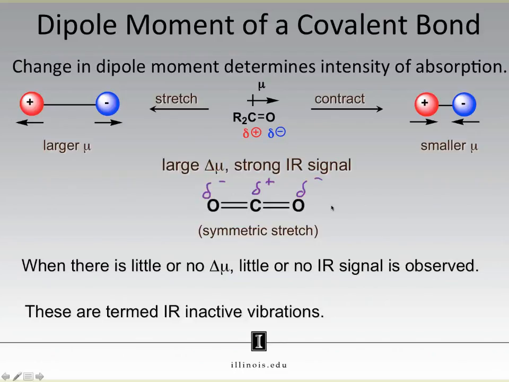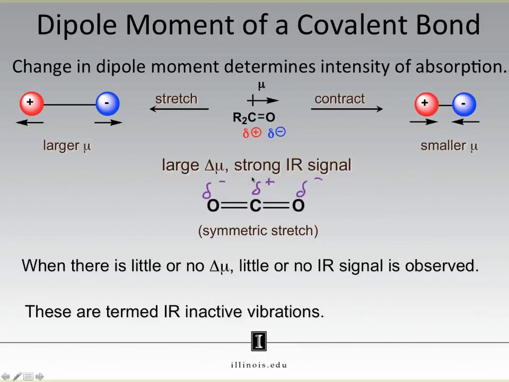Now, recall that being IR active means we see a change in dipole moment. If I take carbon dioxide and I stretch the left oxygen the same way I stretch the right oxygen, in other words, if I use a symmetric stretch, do I see a change in dipole moment? No. These dipole moments would cancel each other out.